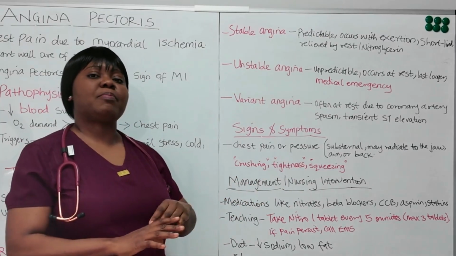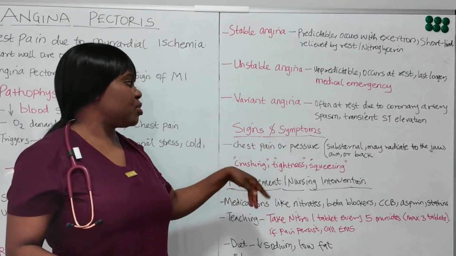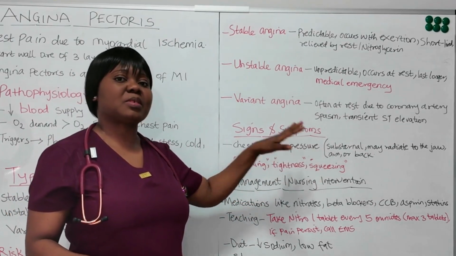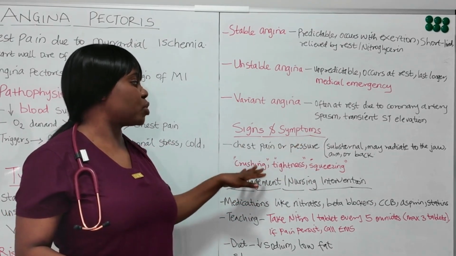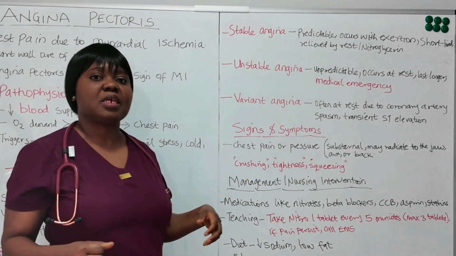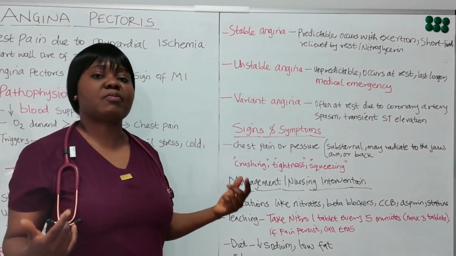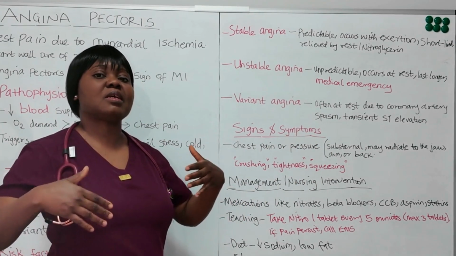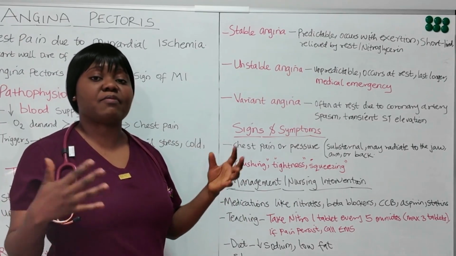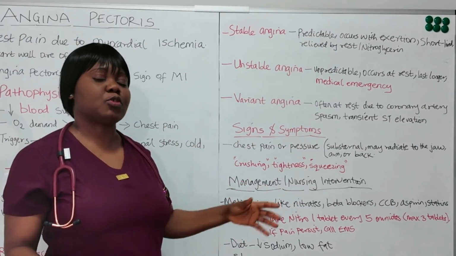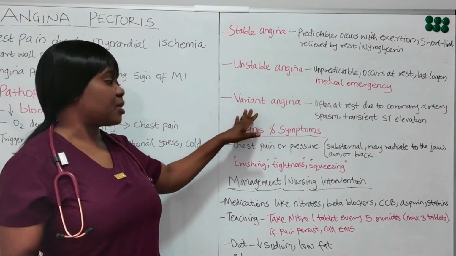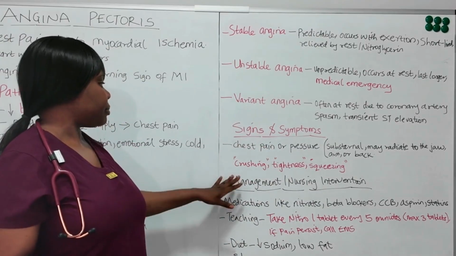And also for patients like women, the patient may not describe this substernal chest pain or this crushing, tightening, or squeezing pain. They may just describe it as discomfort, chest discomfort. Some may mention nausea, vomiting in addition to chest discomfort. So you could suspect that it could be angina.